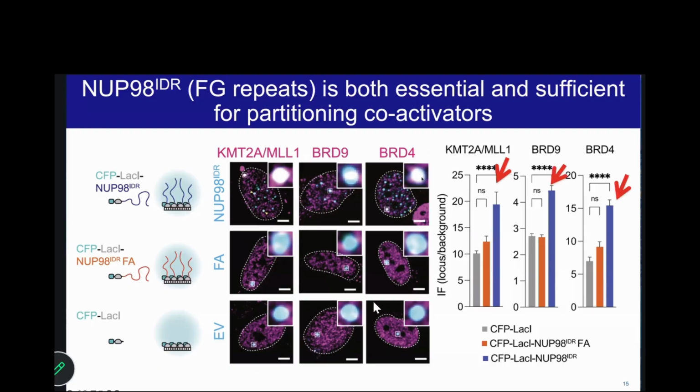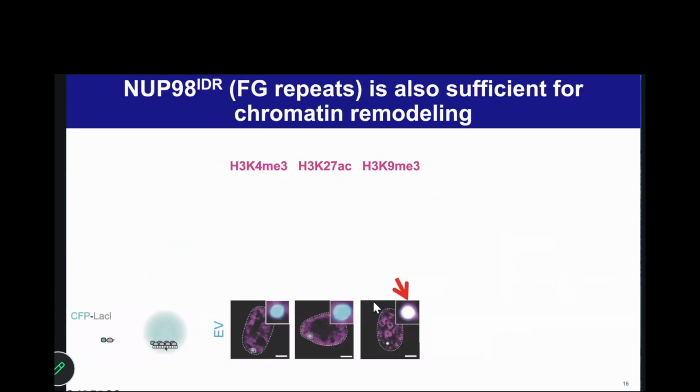In all cases, we can see the FG repeats, when fused to this LacI system, show recruitment in all these three different cases. And then when we mutate the FG repeats to alanine-glycines, we essentially set this interaction or recruitment back to the basal level. You can see compared to essentially just the empty vector, just the DNA binding domain itself.